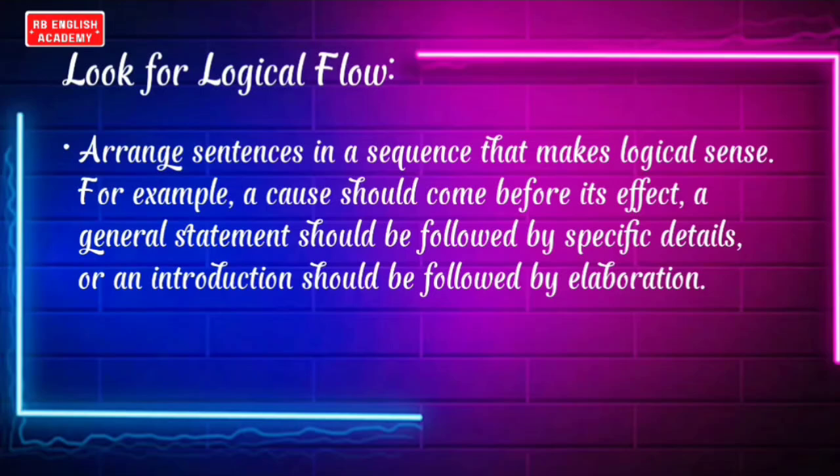So in every set of sentences there will be some logic. We have to identify the logic, whether the sentences are supporting ideas or contrasting ideas or cause and effect ideas. If we identify that, we can easily arrange them in order.